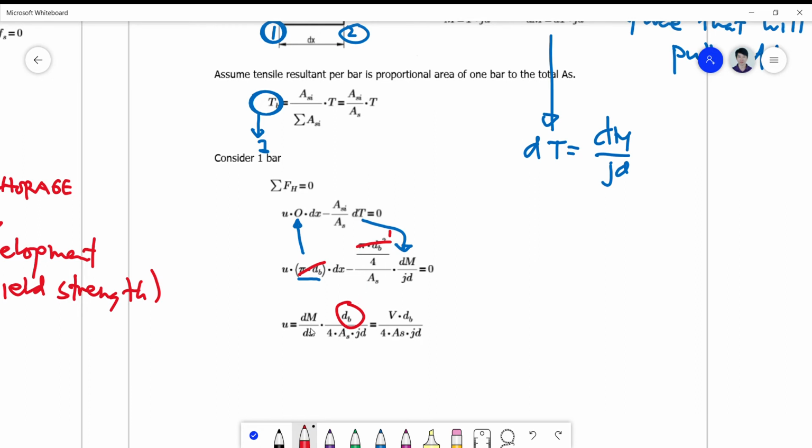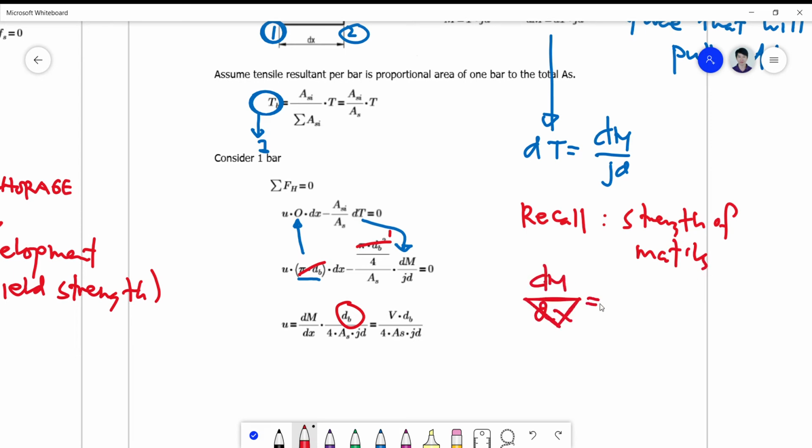So what is dM over dx? In your strength of materials, recall that dM over dx is equal to the shear. That's why your u becomes V db over 4 As jd.